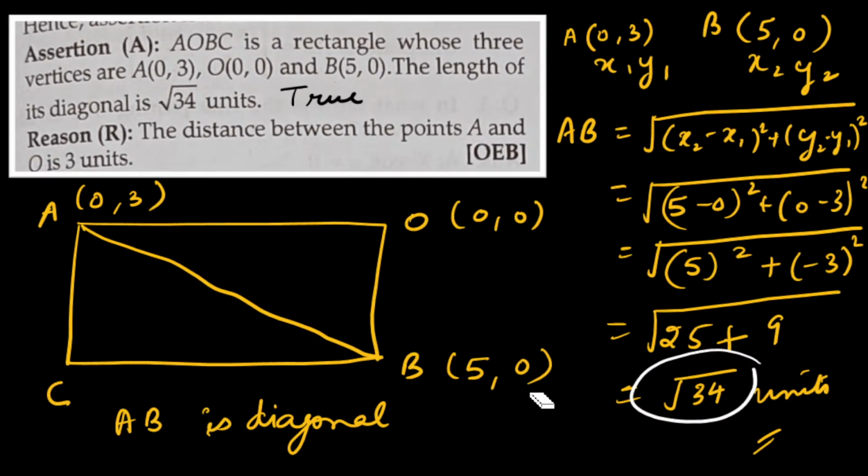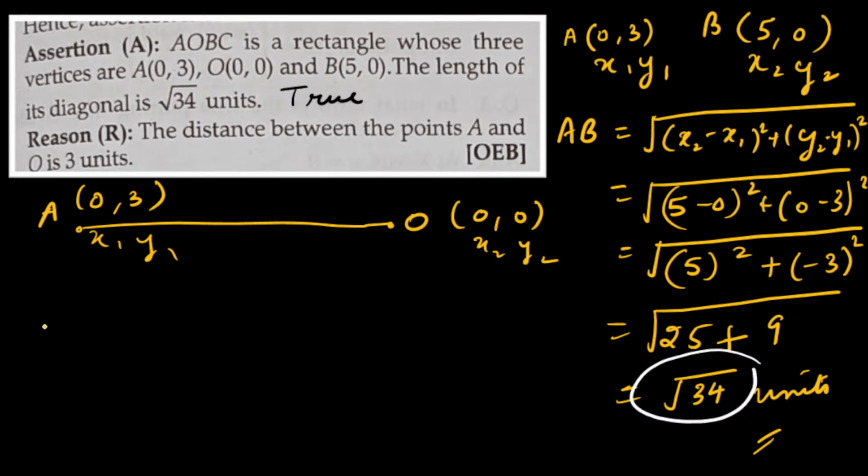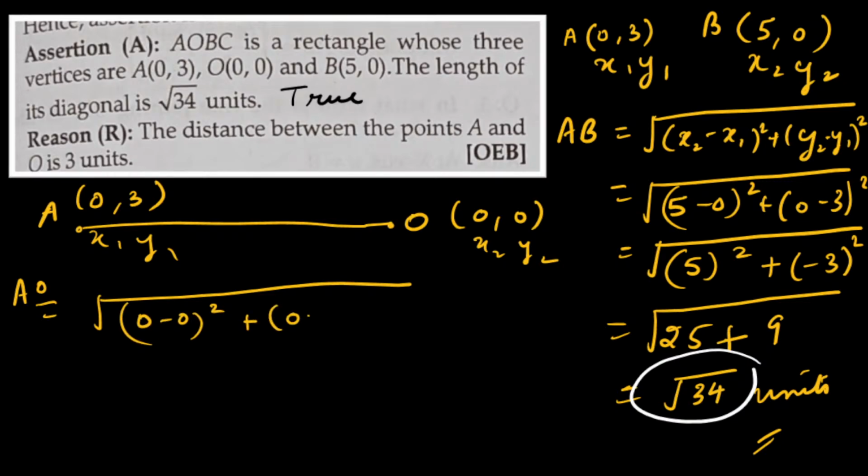Now what they're telling, the distance between A and O is 3 units. You can check using the distance formula: A is x1, y1, O's coordinates x2, y2. You can apply the distance formula to find the AO distance. So 0 minus 0 whole square plus 0 minus 3 whole square, which is 0 square plus minus 3 square.